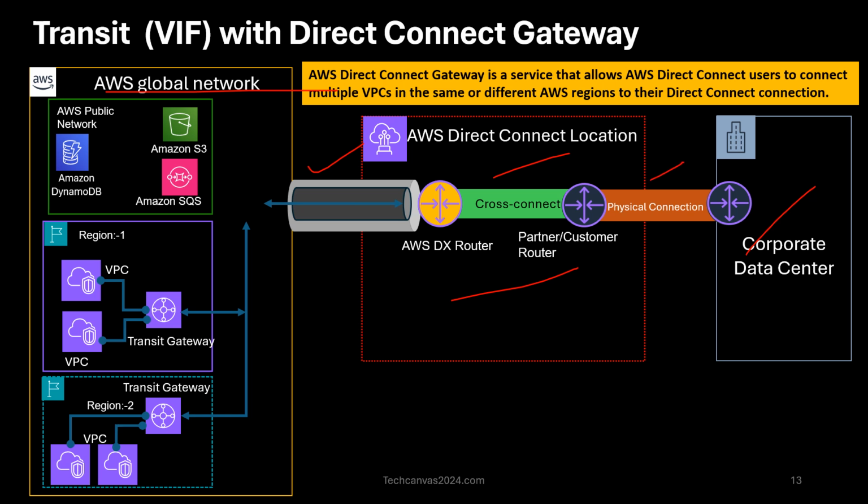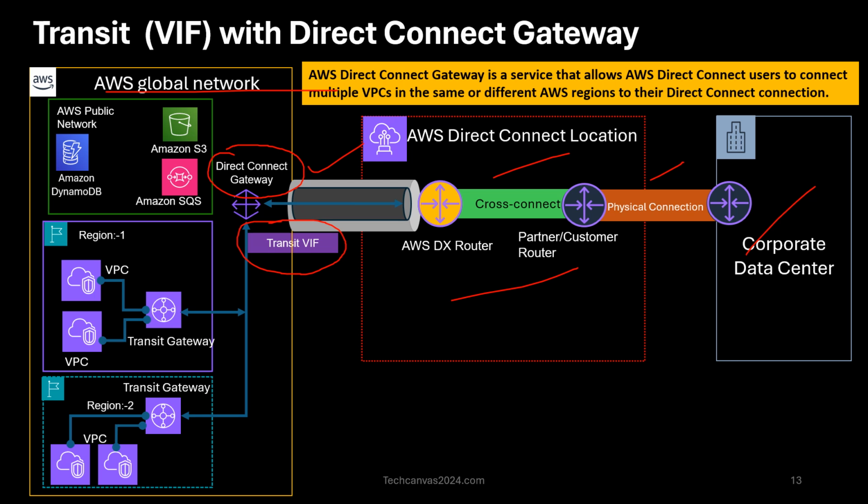So here we are talking about how the AWS Direct Connect location is connecting to the AWS Global Network. This time we are saying this is connecting via AWS Direct Connect Gateway alongside the transit VIF. If you have a transit VIF connecting with Direct Connect Gateway, it further enhances the connectivity options.